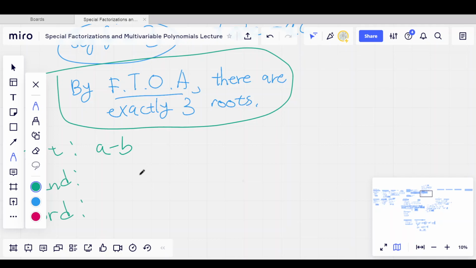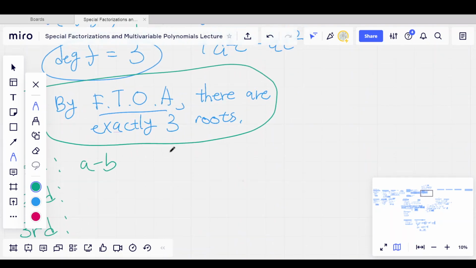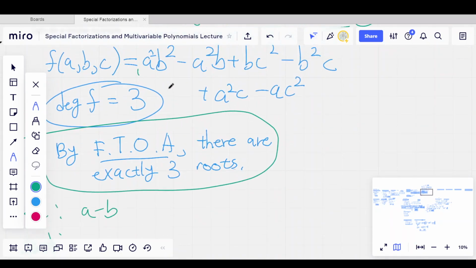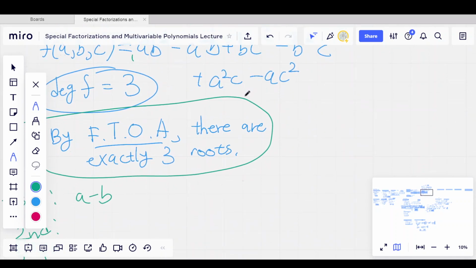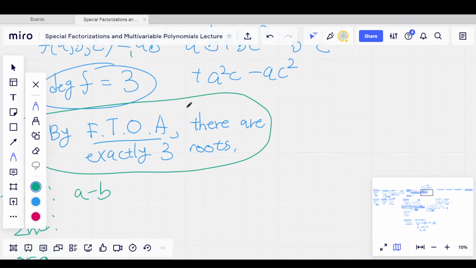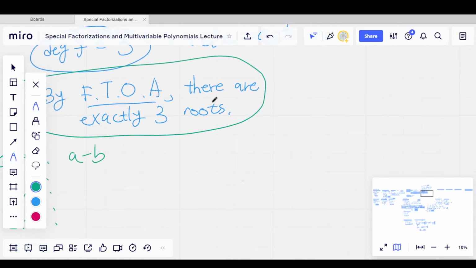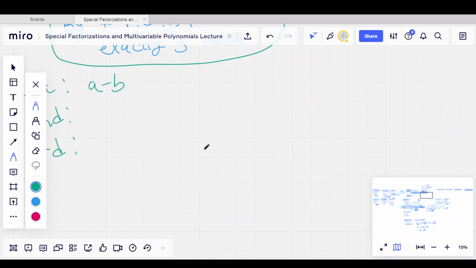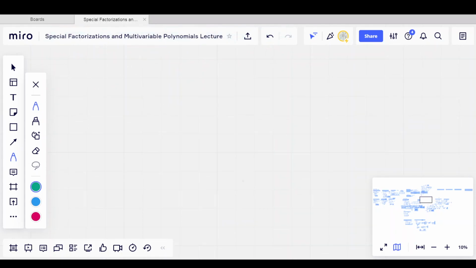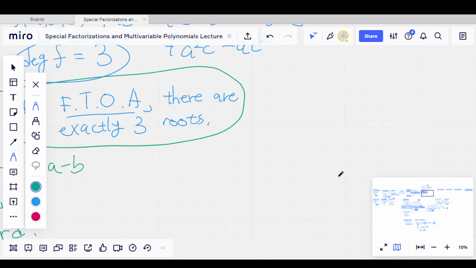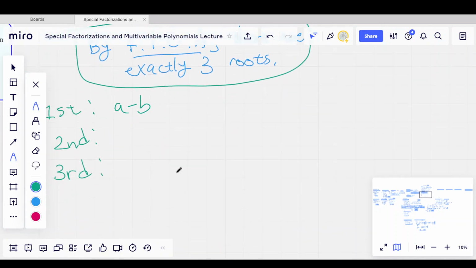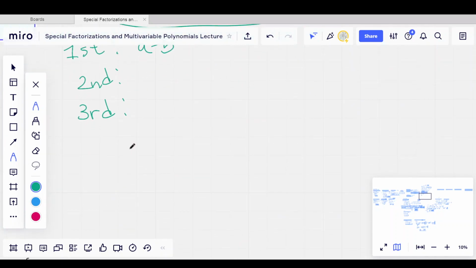We just replace, I know this actually might be a very familiar form. Yeah. So let's try f of a, c, c.